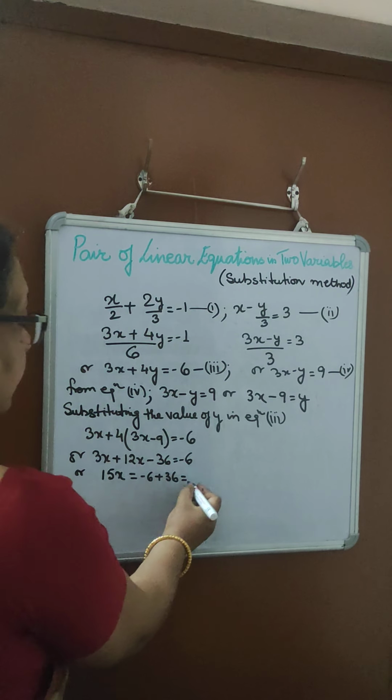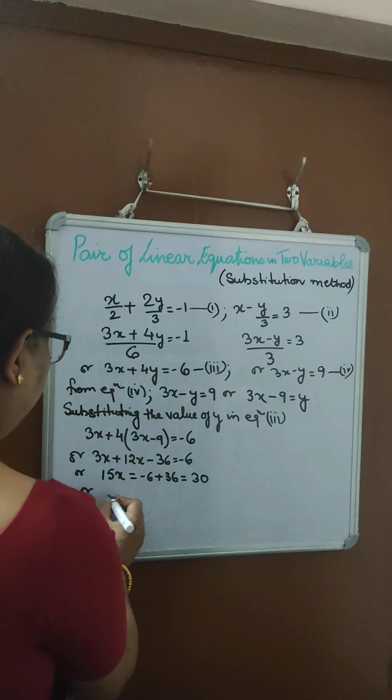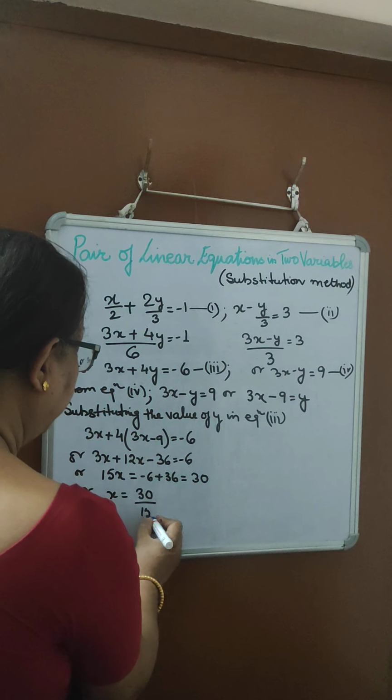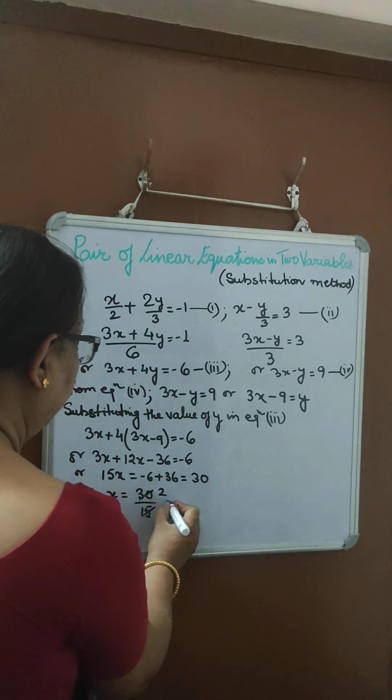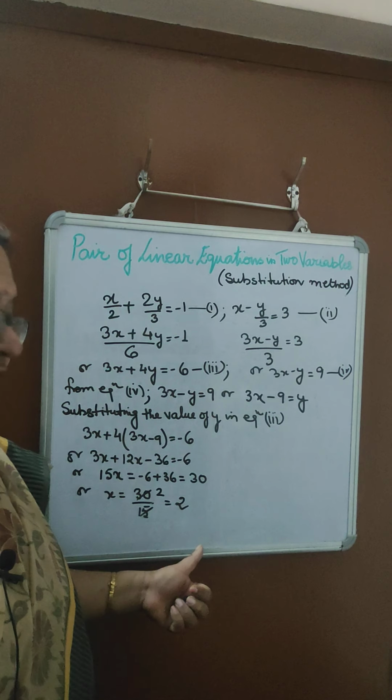Minus 6 plus 36 will be plus 30. So x will be 30 by 15. That is 2. So now you have the value of x.